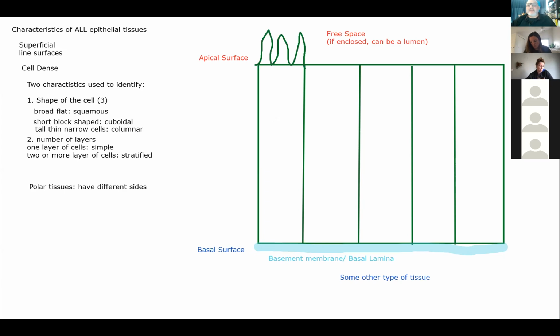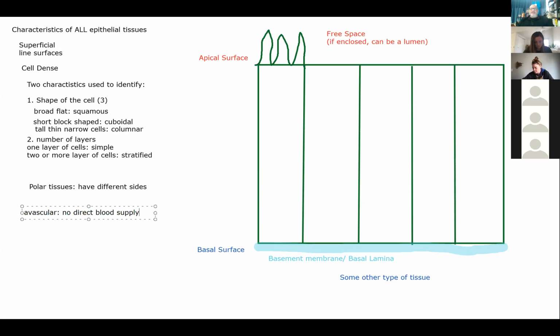Now, as I mentioned, these are very cell dense. Because they're cell dense, there's not a lot of room for other stuff. So one of the things that we know about our epithelial tissues is that they are all avascular. What does that mean? Does that mean they don't get direct support from blood? Absolutely. They have no direct blood supply.